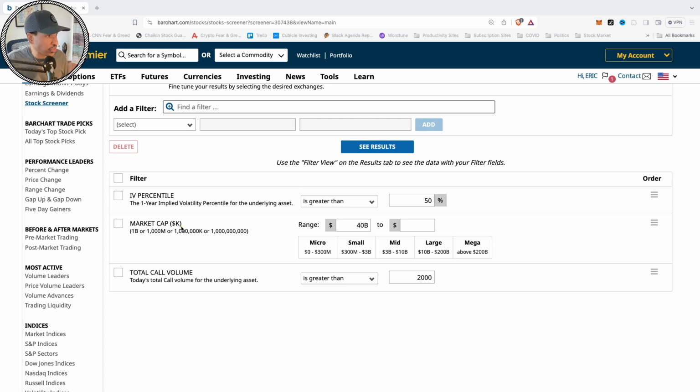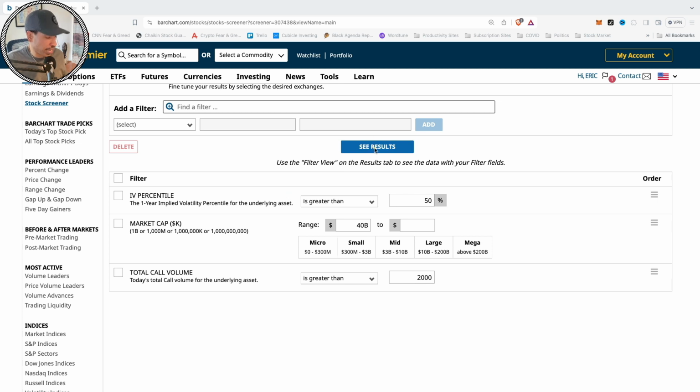I'm also looking for stocks that have a market cap of 40 billion or greater, because I prefer to do cash secured put options on large cap companies that are pretty financially sound and solid. And then I'm looking for a total call volume greater than 2,000, so I want to see a lot of options activity taking place on a particular stock.